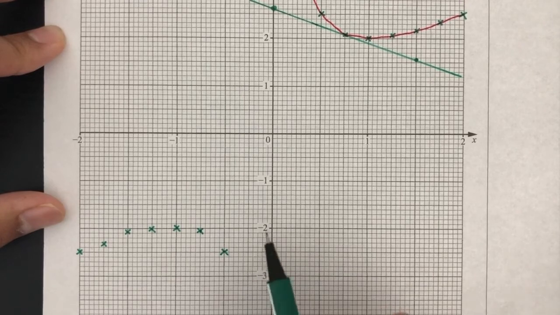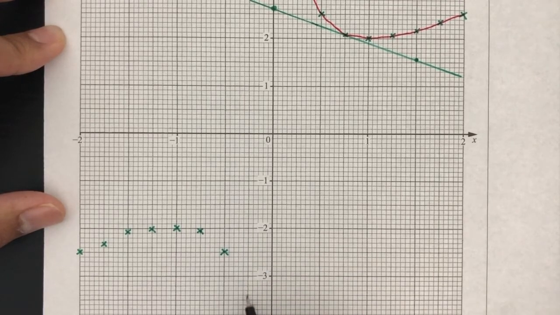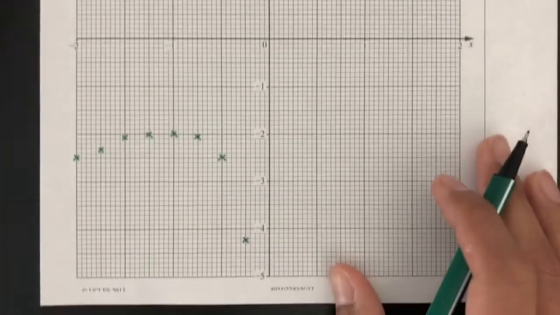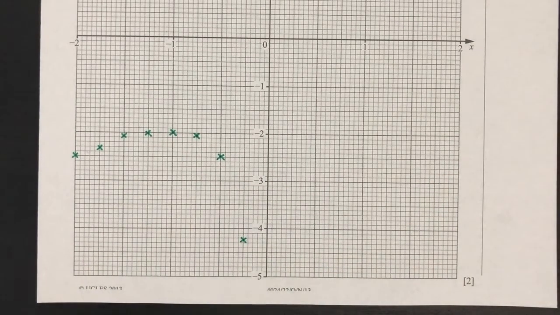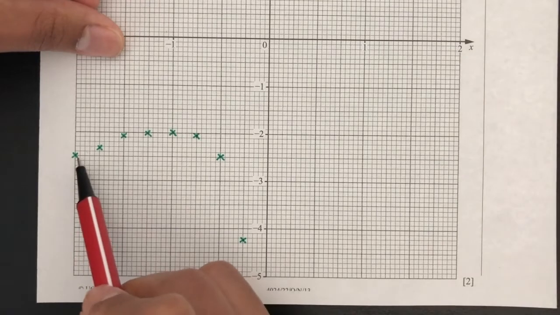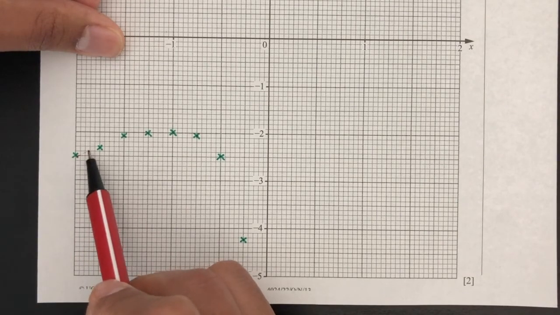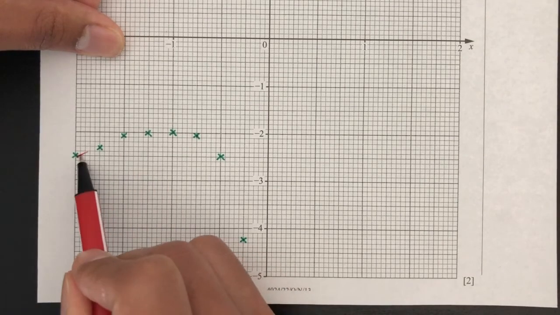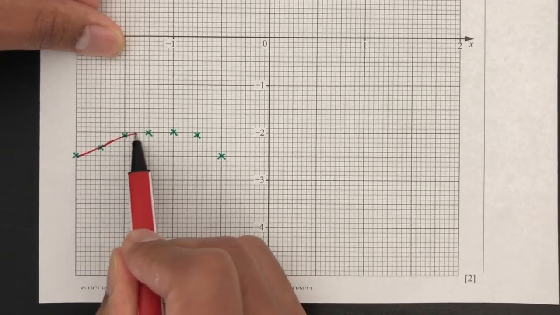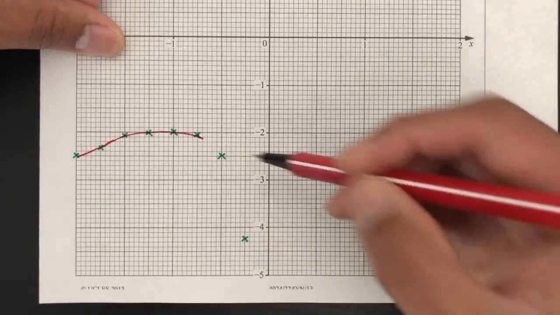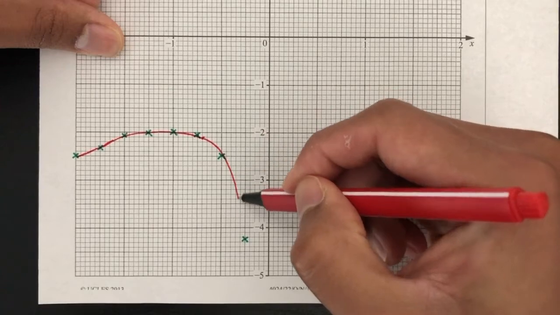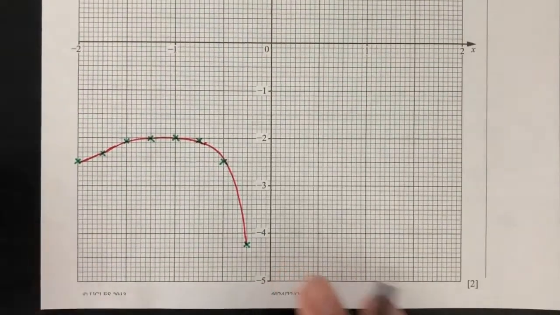And then we have minus 0.25, minus 4.25, will be between these two. Okay, so now we have these points here. So same thing, join the points as smoothly as you can. So it will be with this line, connecting the dots as smoothly as you can. Okay, so that will be my other curve.